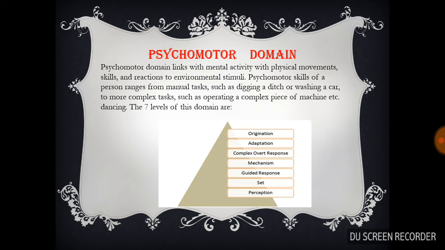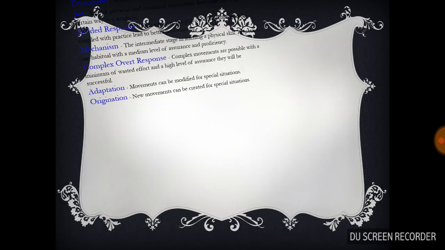There are basically 7 levels: perception, set, guided response, mechanism, complex overt response, adaptation, and origination.